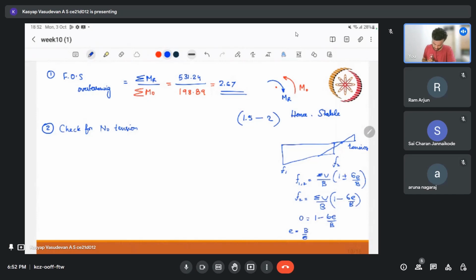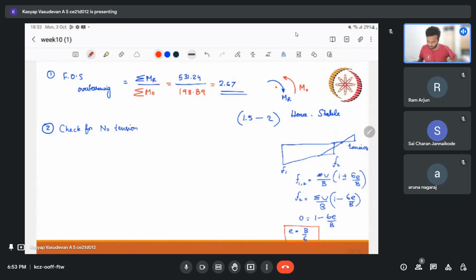This is the limit where it changes to 0, the condition which it should not cross.